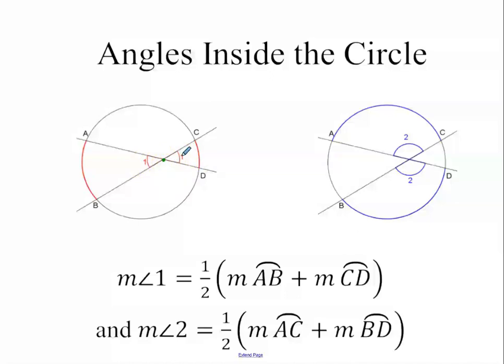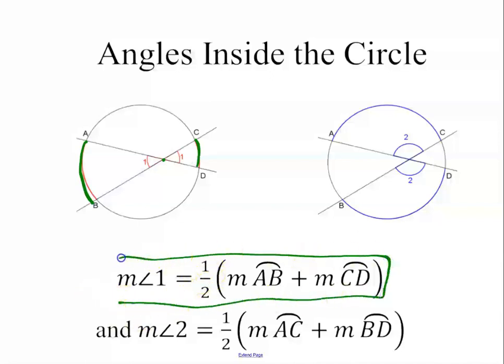Instead, the measure of this angle is actually going to be the average. So both of these angles are going to be the average of this arc and this arc. So then the question is, how do we find average? We add them up and divide by 2 or multiply by half. Same thing.